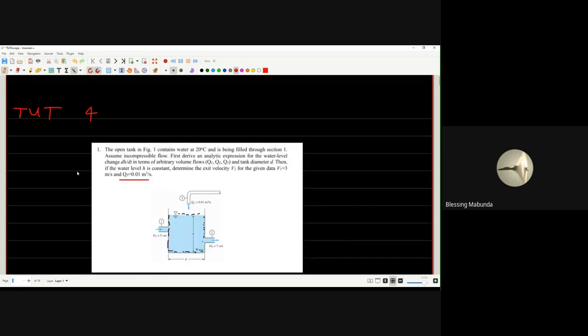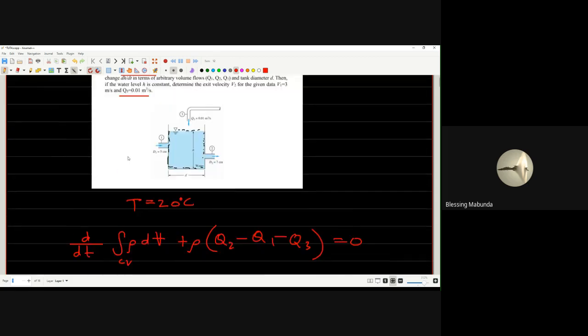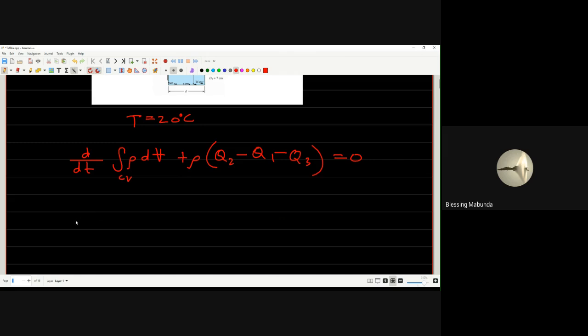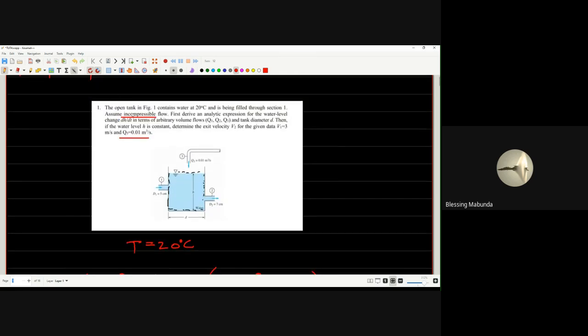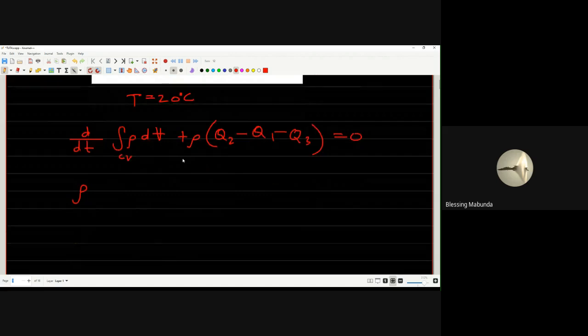Since we're told that this is incompressible, we can take out the density. What you need to understand is that for incompressible flow, rho is constant, which means that in your integral, you treat it as a constant value.